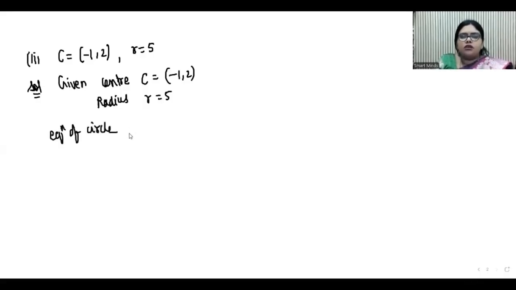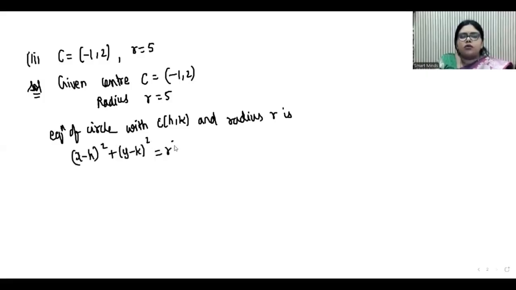Equation of circle with center h comma k and radius r is x minus h whole square plus y minus k whole square is equal to r square. Take center as h comma k.